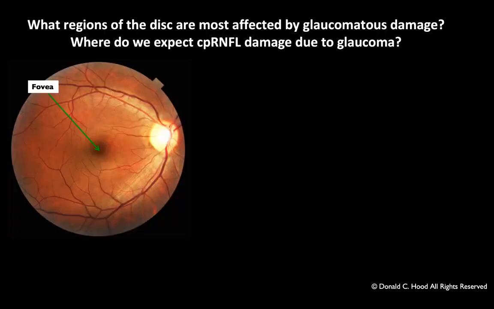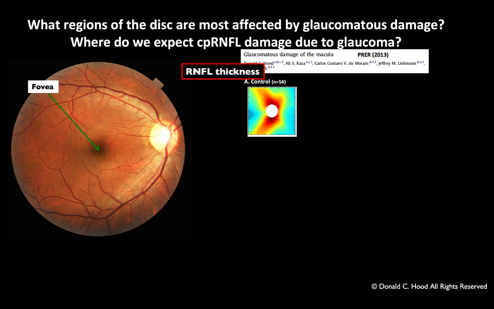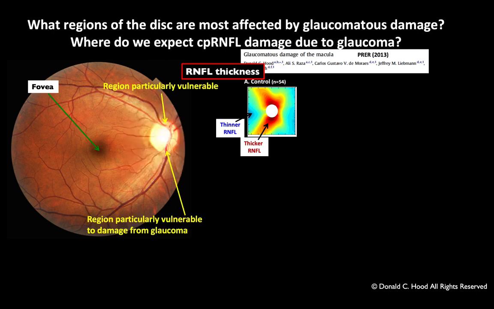Okay, so what regions of the disc are most affected by glaucomatous damage? That is, where do we expect the circumpapillary retinal nerve fiber layer damage due to glaucoma? So let's take a look at the retinal nerve fiber layer thickness color map again. This is controls, and now I'm looking at a smaller number because I wanted an age-matched group for my patients. That's thin, that's thick, and let's blow it up and center it on the disc.